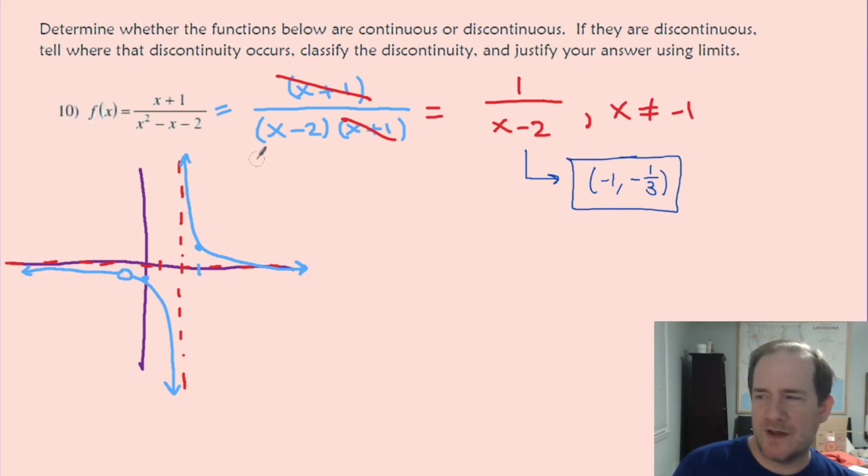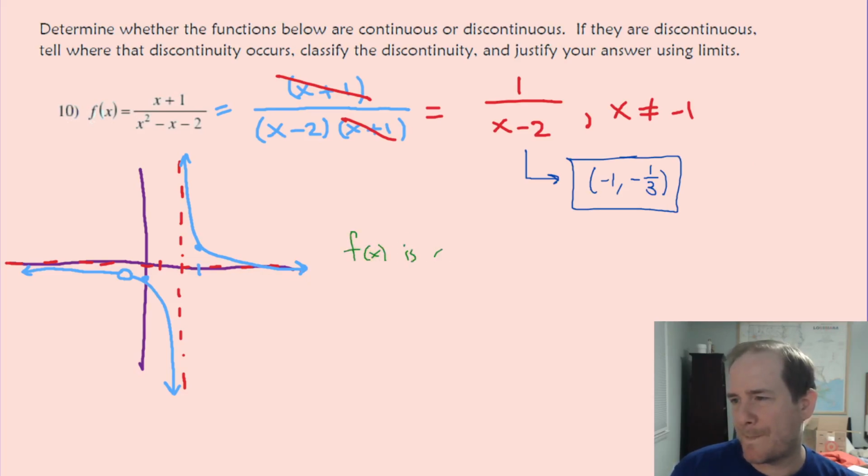So with a graph to look at, with the coordinates of the hole, analyzing this thing's continuity should be a piece of cake. We now can say for sure that f of x is continuous on the interval that goes from -∞ up to -1, and then it goes from -1 to my next discontinuity at 2, and then it goes from 2 to infinity. So those are all the places where we are continuous.